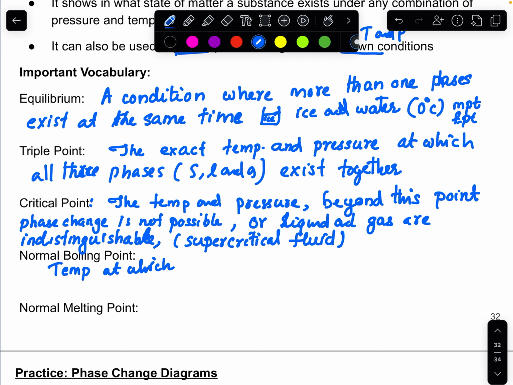That is the exact definition. But here in terms of phase diagram, we can say it is the temperature at 1 atm pressure.